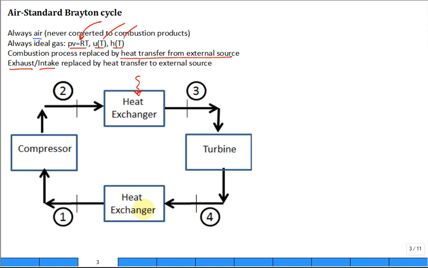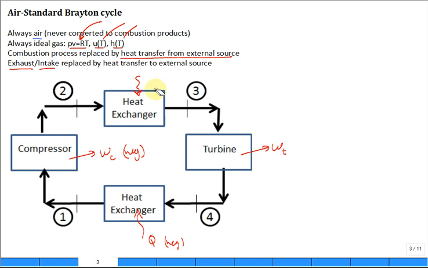You could put that as an in, and you know it's going to be a negative in. Just like you put the work out of the compressor, and you know that's going to be a negative out work. But the turbine is positive work out, and this is a positive heat transfer in. Okay. So there you go.